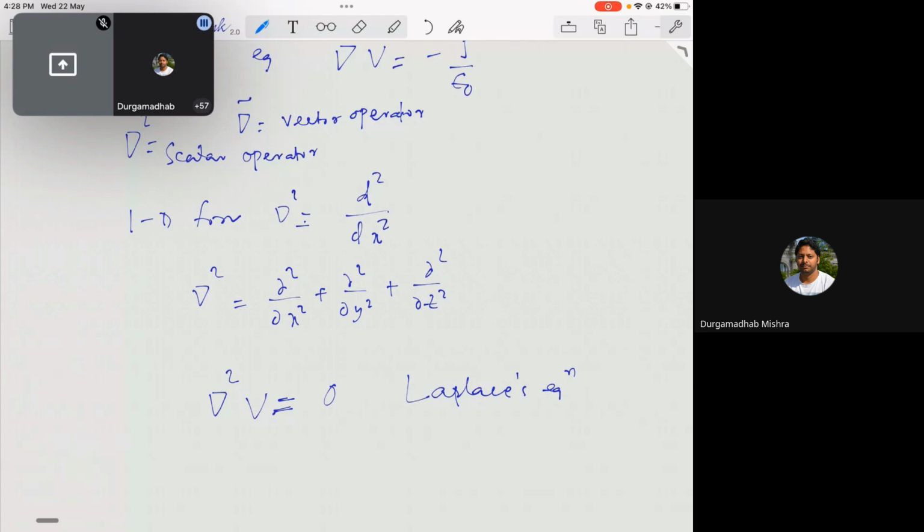In the second unit, you will see most of the things related to your mathematical physics. But this is just an application of those mathematical methods, or techniques that you learn, that we will be using here.